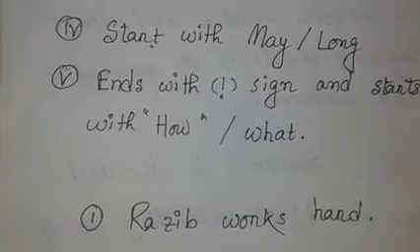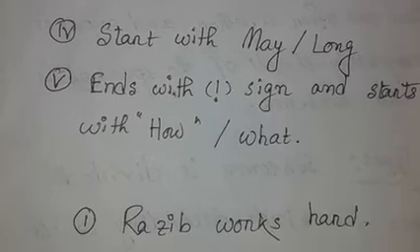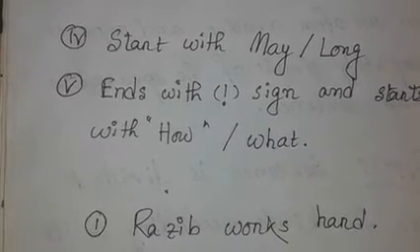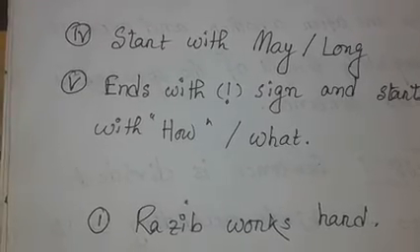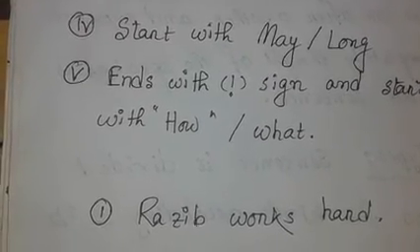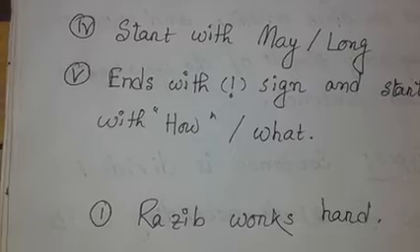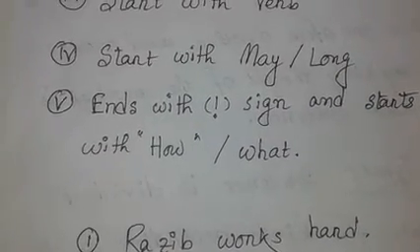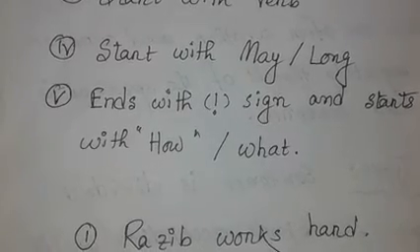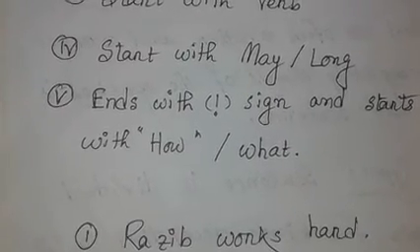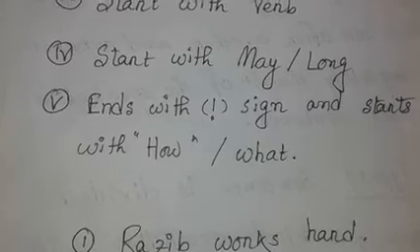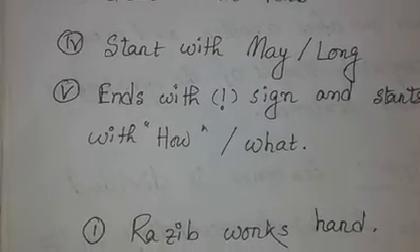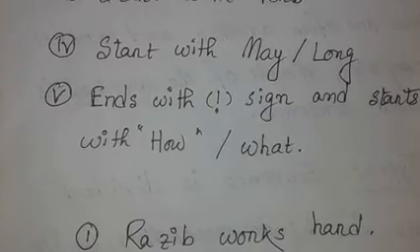And the last kind of sentence is the exclamatory sentence. Dear students, you know that there are two things related in our life, happiness and sorrow. And we express our happiness and sorrow in different ways. Sometimes we become astonished, and sometimes we become sorrowful.